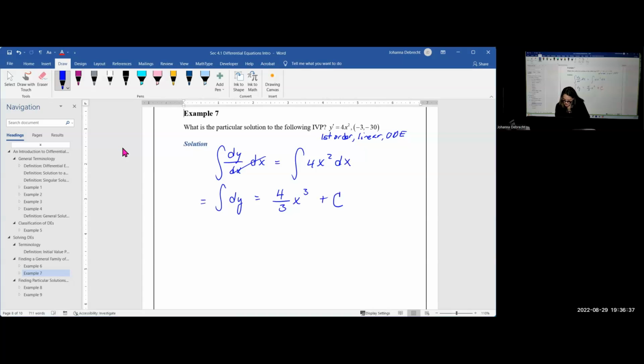And this is going to give me y on the left. So my general solution is y equal 4/3 x cubed plus a constant. That's the general solution. Now I want to use the initial value to find the particular solution. So I'm going to use my initial value, which is -3, -30, to find the particular solution.